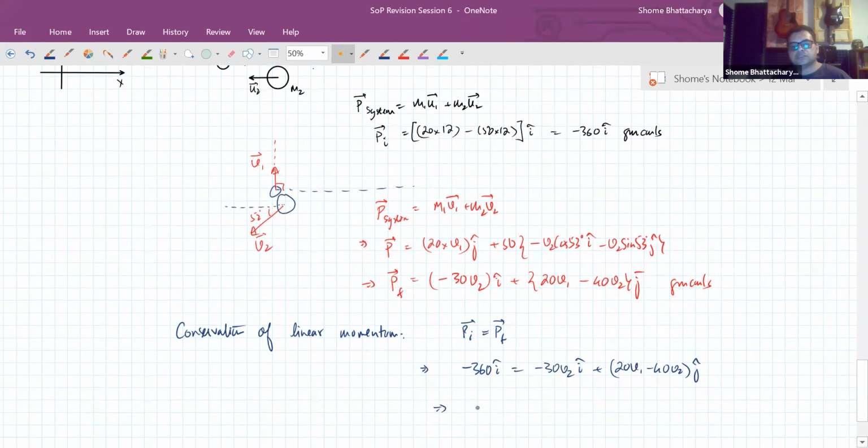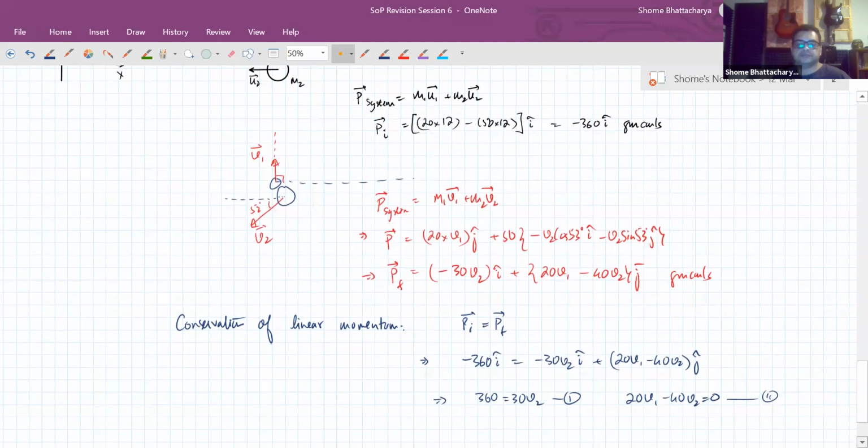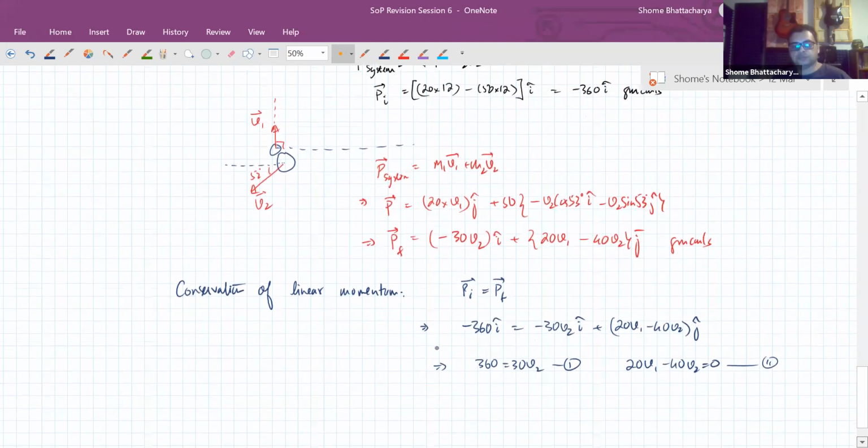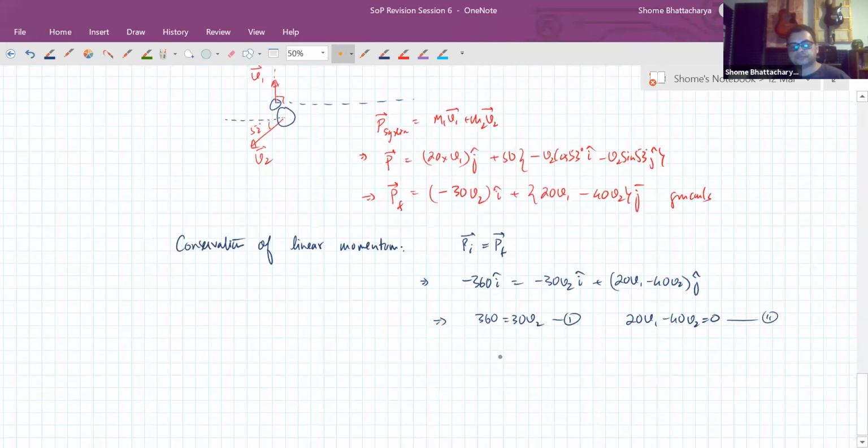So this tells us that 360 is equal to 30 v2, and 20 v1 minus 40 v2 is equal to zero. So that's the second equation. From the first one, we can see that v2 is equal to 12 centimeters per second and v1 is equal to 24 centimeters per second.